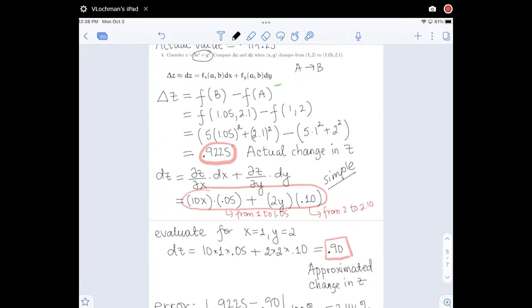The idea is you would apply this to really challenging functions, and dz is still going to be just as simple. It's just going to be these two quantities added to each other. That's it.